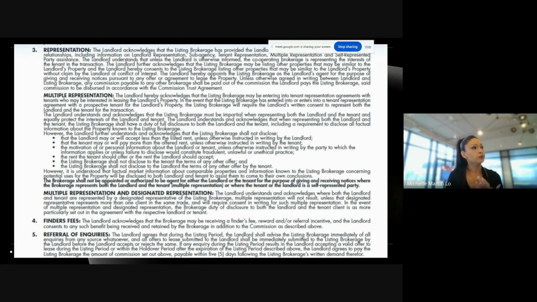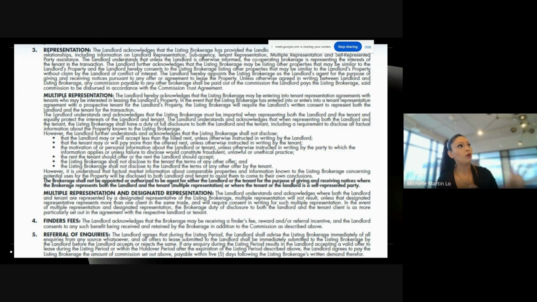Michelle, does it still fall under multiple representation when you are working with someone in the same brokerage as you, or has it changed? It has changed. Multiple representation no longer depends on another agent working in the same brokerage. It used to. But keep in mind, your listing agreement now says you are the designated agent, not the brokerage.